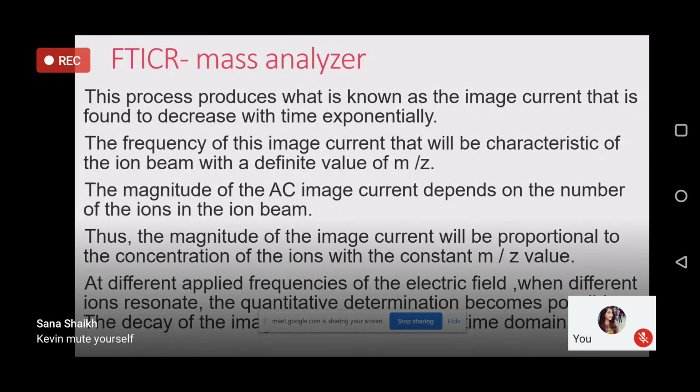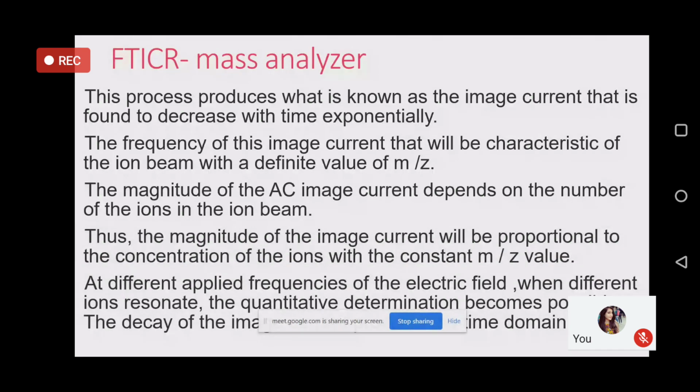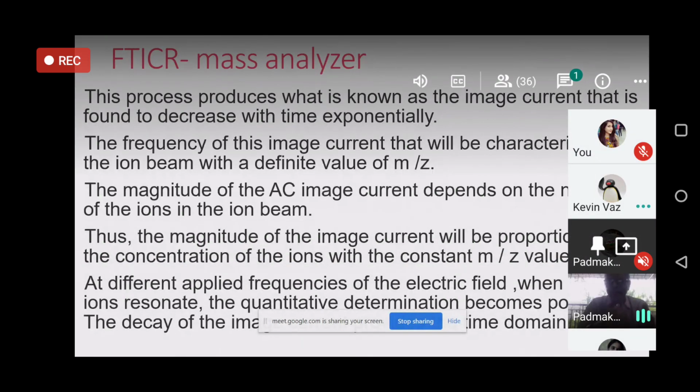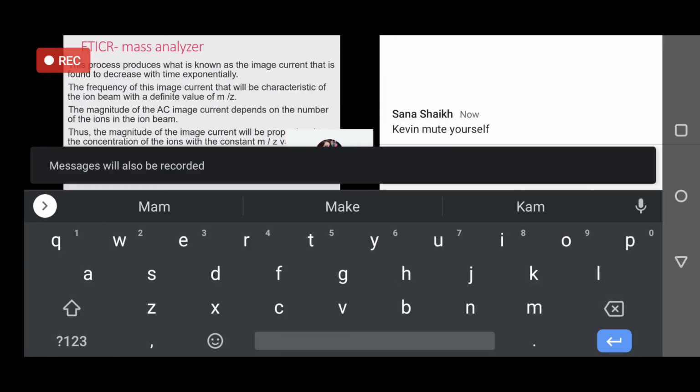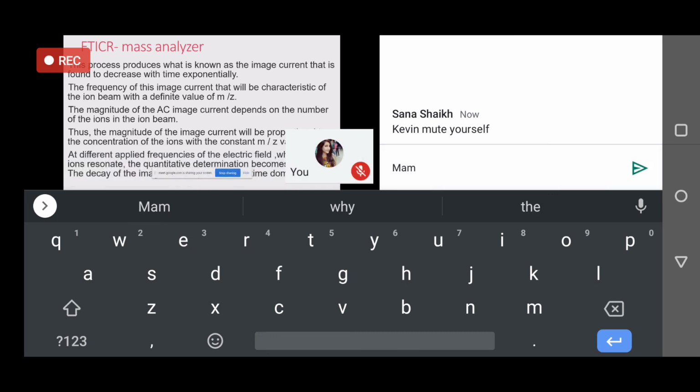So what one can do is go on changing the frequency of the alternating current. At one value, it will match with one m by z. At another value, it will match with another m by z. For a third value, it will match with a third m by z. So when you are continuously changing the frequency of the alternating current, the matching with different m by z ion beams will become possible, and then the respective image currents will be registered in the collector electrode.